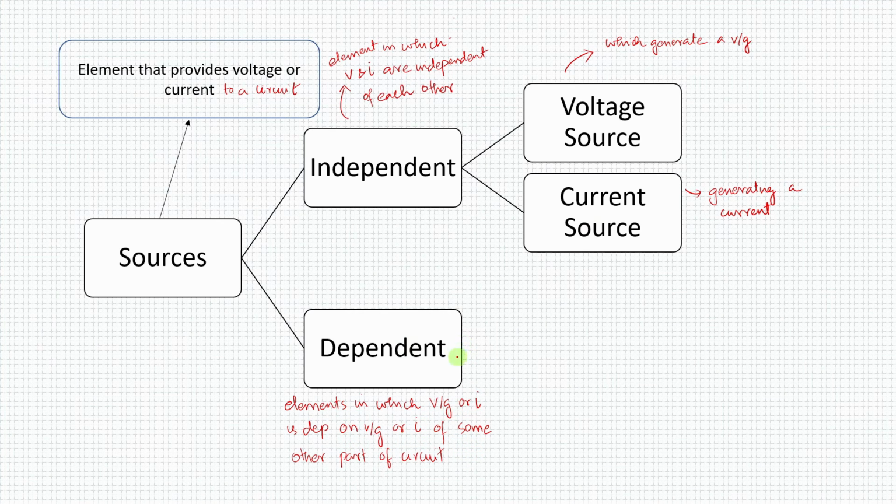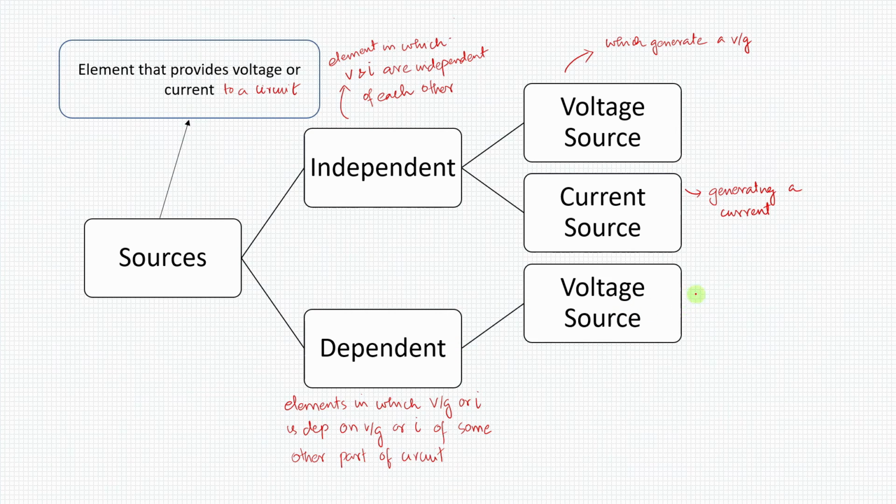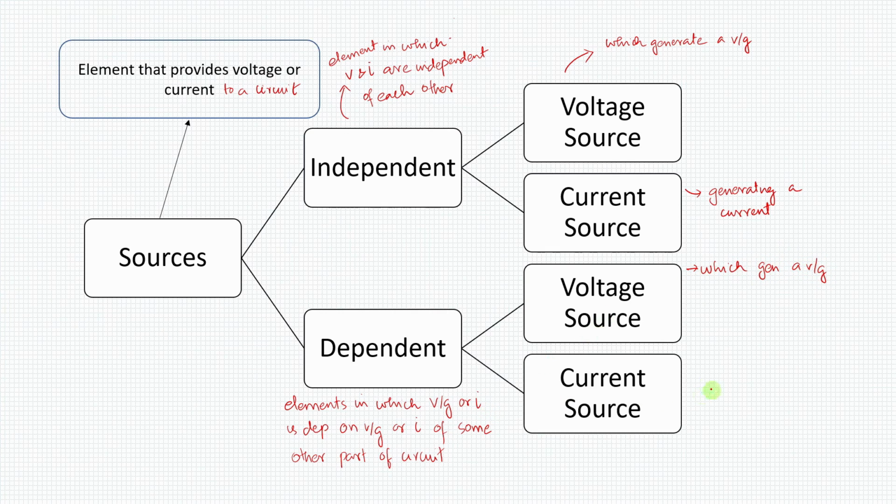Based on this classification, dependent sources can be divided into either a dependent voltage source, which will also generate a voltage, and a dependent current source which generates a current for the circuit.